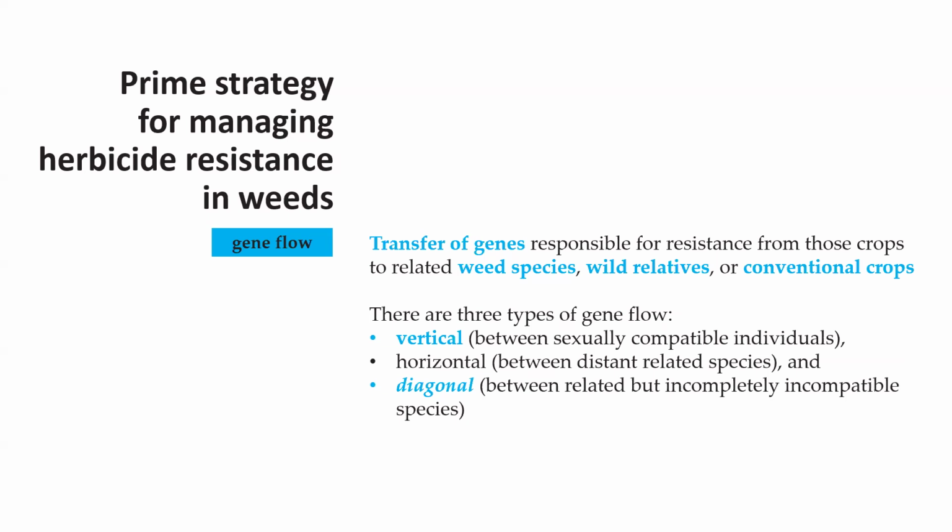So there are three types of gene flow. First is vertical, then horizontal, and also diagonal. Horizontal and diagonal are quite rare. But the vertical one occurs between sexually compatible individuals, such as between cultivated plants and their wild relatives.